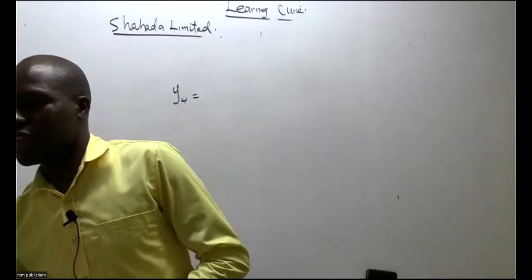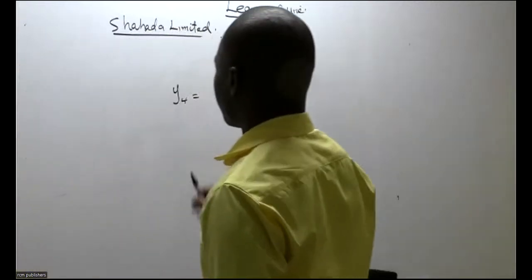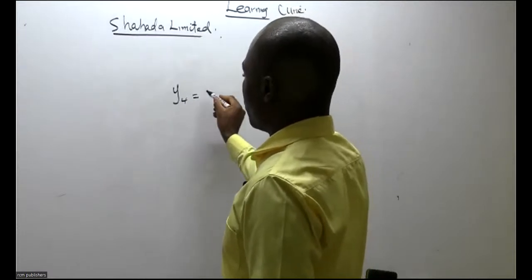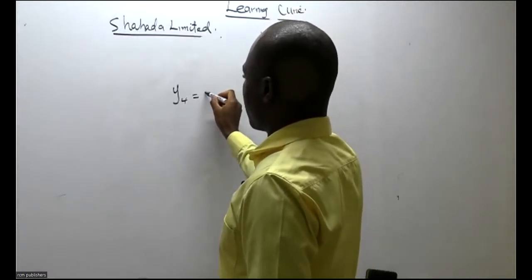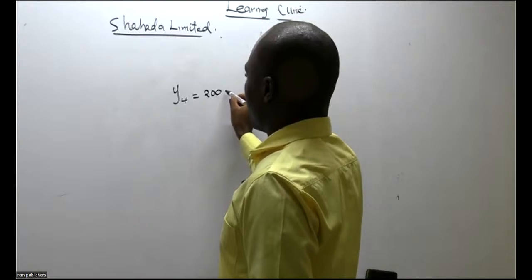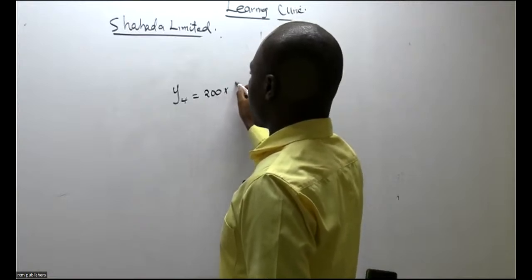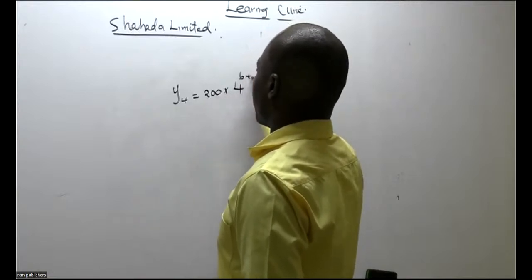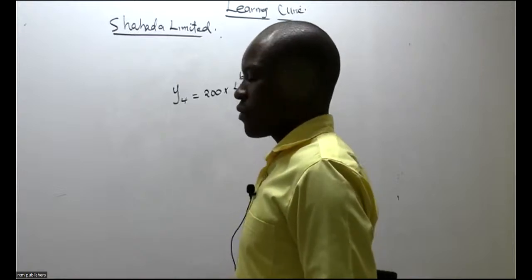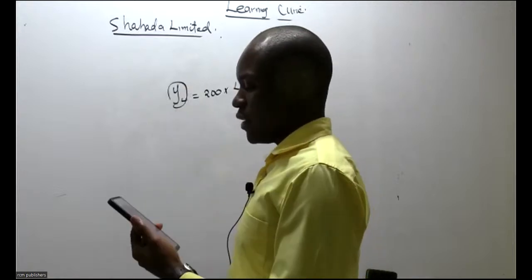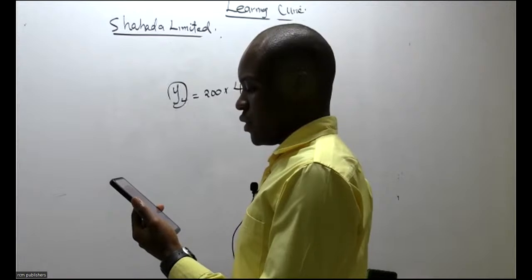Let's see if you are going to have something close to that. Y4 is equal to the hours for the first unit multiplied by X, which is 4 raised to the power B plus 1. This one here, we already have it as 648.